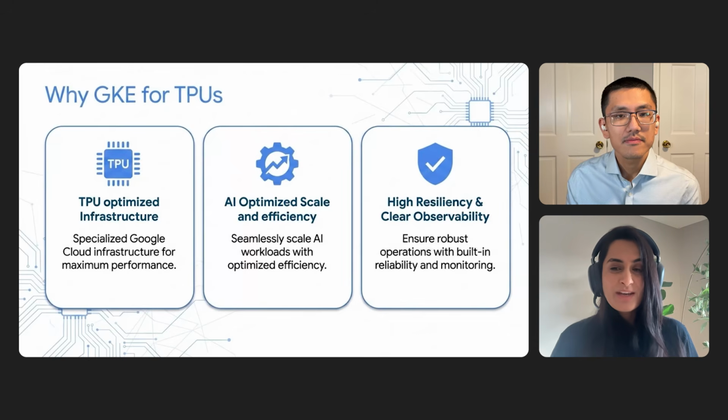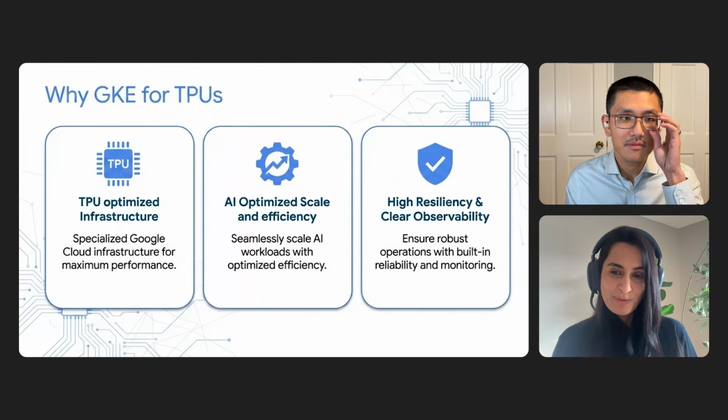GKE exposes various different types of TPU slices, even from large-scale topologies of about 9,000 chips, and considers them as a single atomic unit, ensuring optimized provisioning and scheduling for extracting maximum power of TPU, including the interconnected network performance of TPUs.